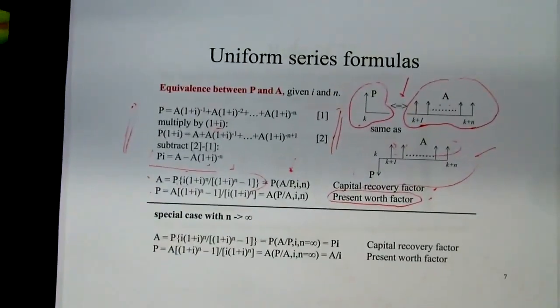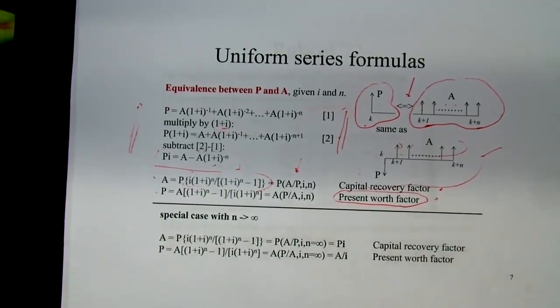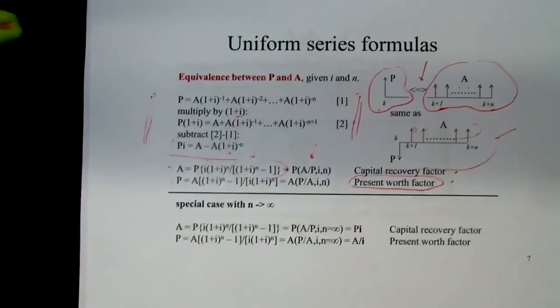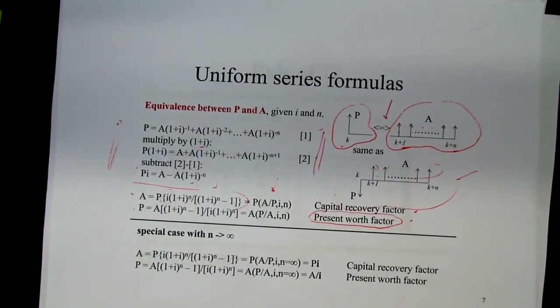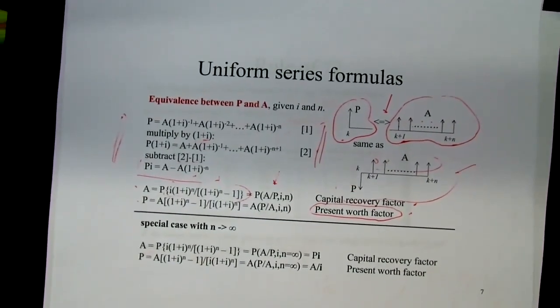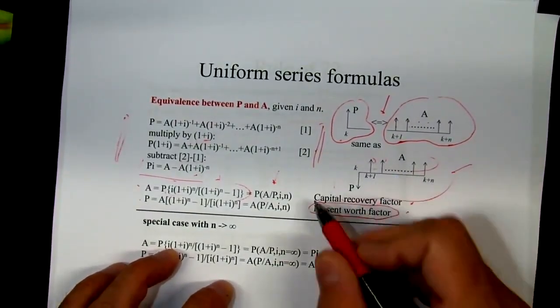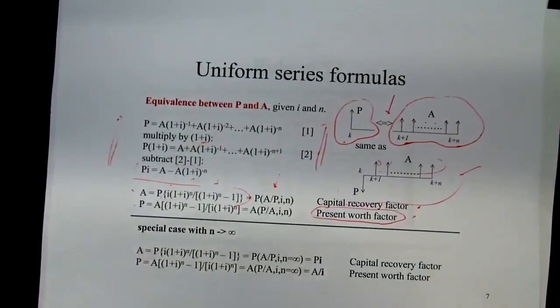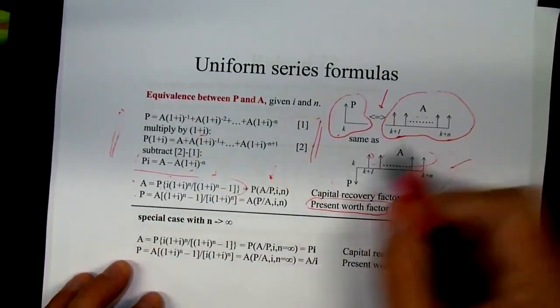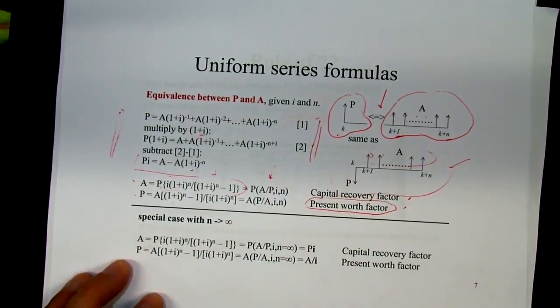The combination of this amount A will be equivalent to the original loan that they give you, given the interest and given how many periods you have to pay. So this is nice in practice because you can simply calculate either one of those two, even the other one, by using these formulas right here.